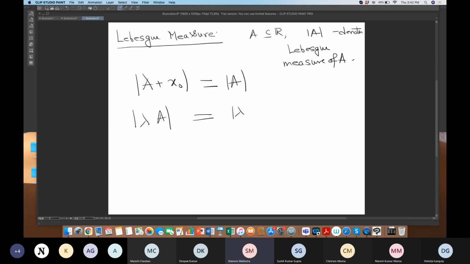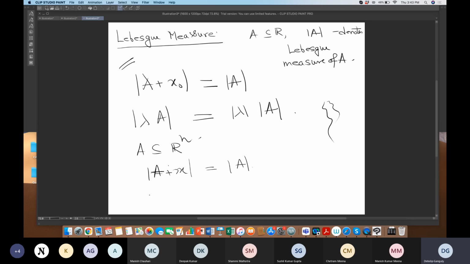Mod of lambda times the Lebesgue measure of A. Very good. Now suppose I give you R^n. Then what is A plus x naught? Again the same. And what is lambda times A? This is mod of lambda raised to n times the Lebesgue measure of A. Exactly. Yes, good. This you know.